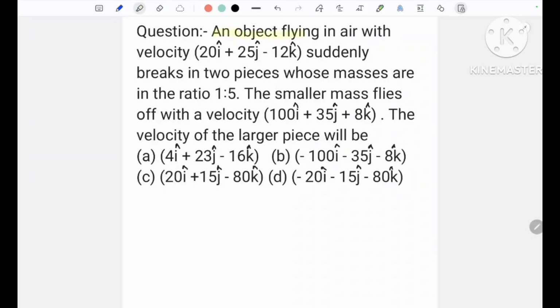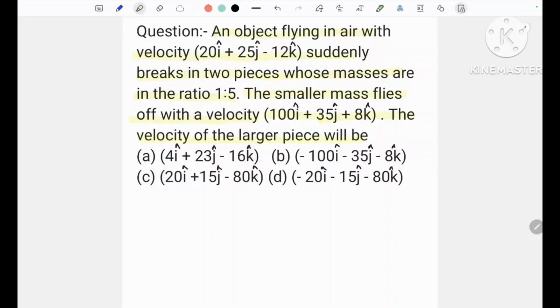Next, an object flying in air with velocity 20 i cap plus 25 j cap minus 12 k cap breaks into two pieces whose masses are in ratio 1:5. The smaller mass flies off with a velocity 100 i cap plus 35 j cap plus 8 k cap.